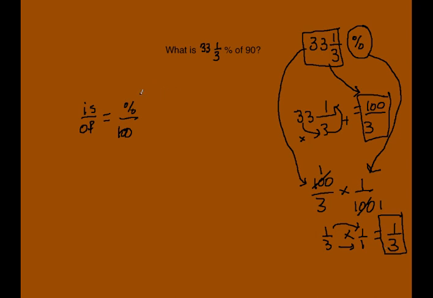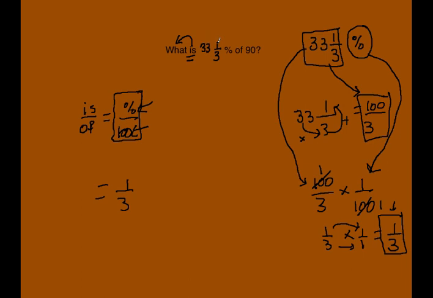So this part here is what you're going to do differently. That percent over 100, just because your percentage was a weird mixed number, you're going to change into just 1/3. Forget about the 100 and forget about the percentage. We already worked out everything and it came down to that 1/3. Now the is over of: what is the closest thing to is? That's the word what.